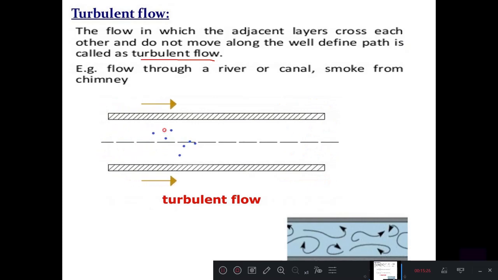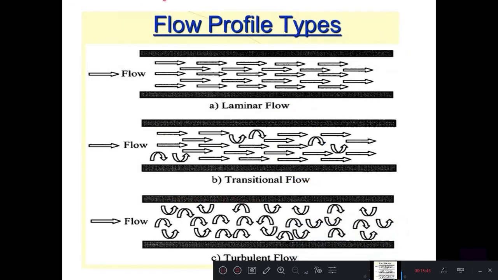In turbulent flow, the fluid moves erratically in the form of cross currents and eddies. Turbulent flow happens in general at high flow rates and with larger pipes. So this is the flow profile.